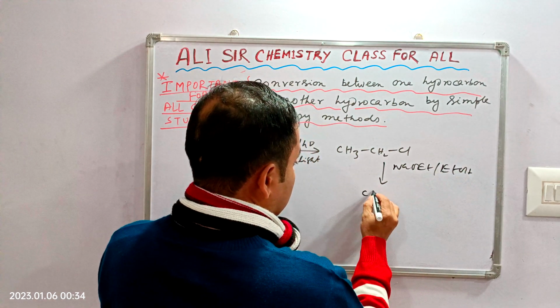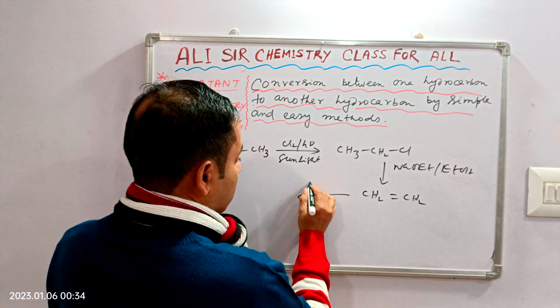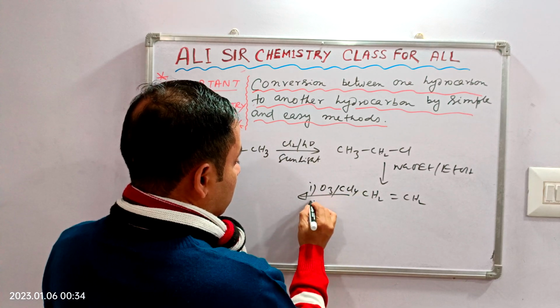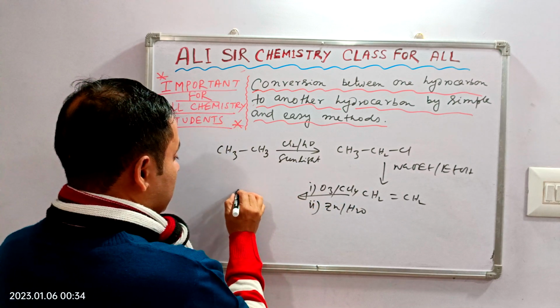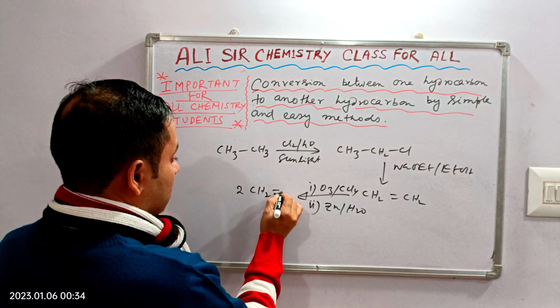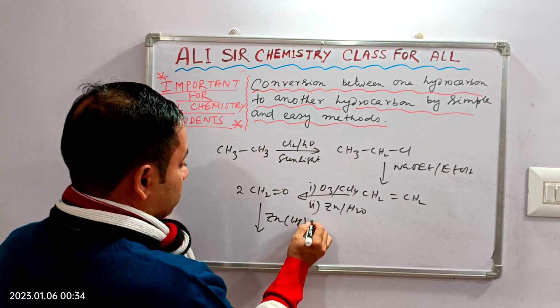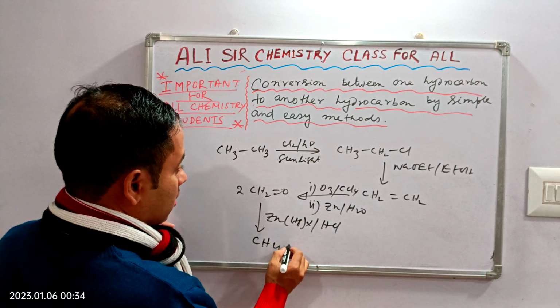What will we get? Alkene. And then do ozonolysis, O3, CCl4, and then zinc, water. What will you get? 2 moles of formaldehyde. Then use Clemmensen reduction. What will we get? Methane.